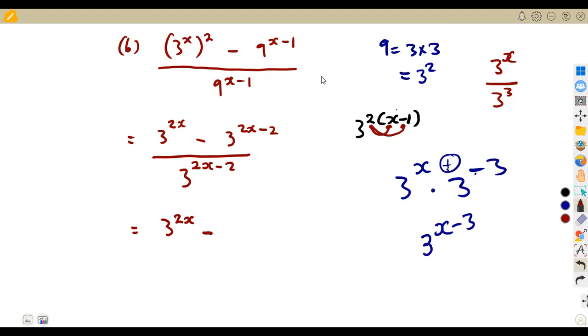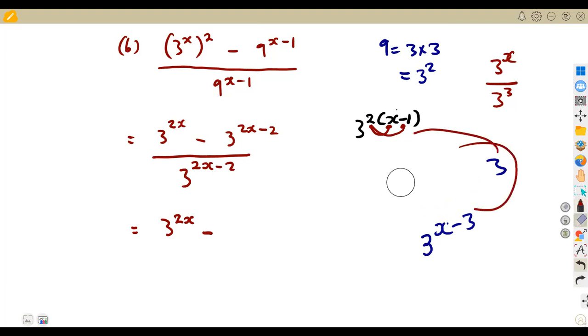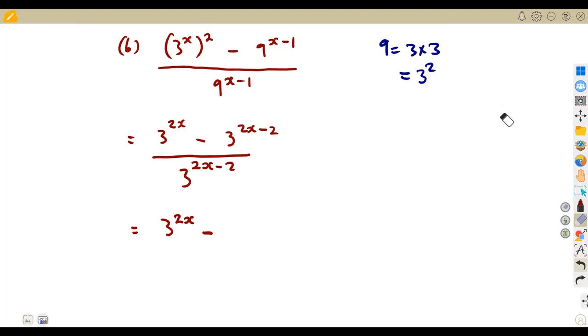But most of you tend to make mistakes in working with this one. So that's why I advise you to simply keep it as it is, and separate it this way with a negative.